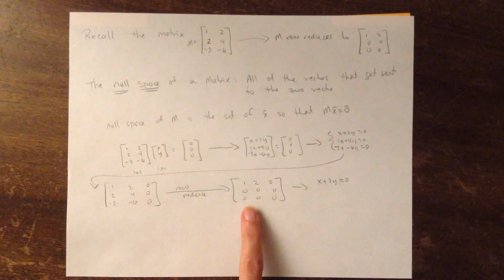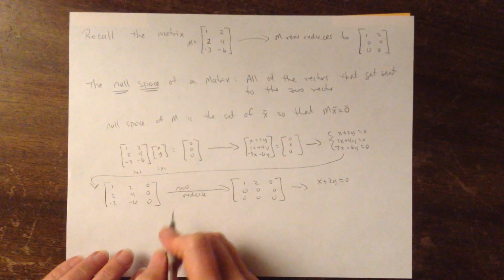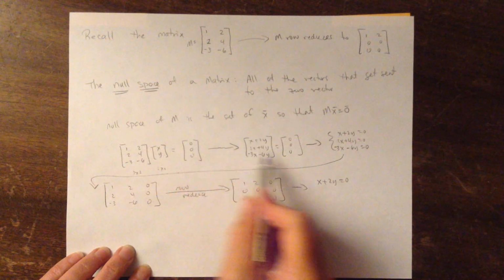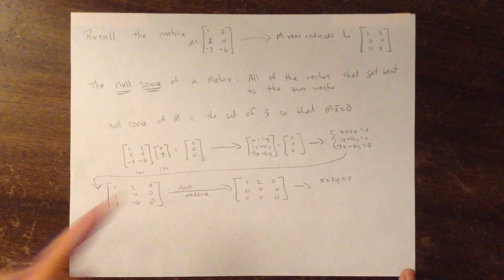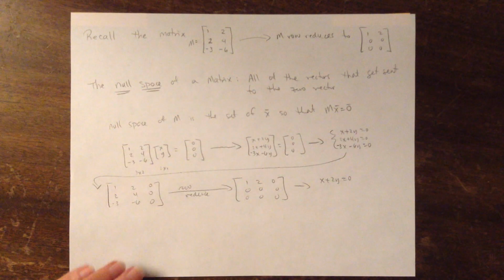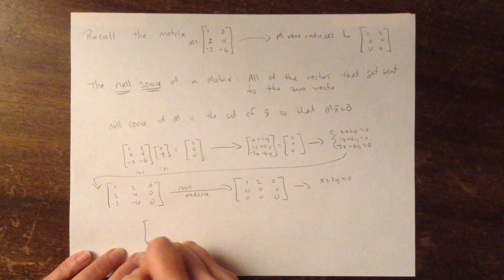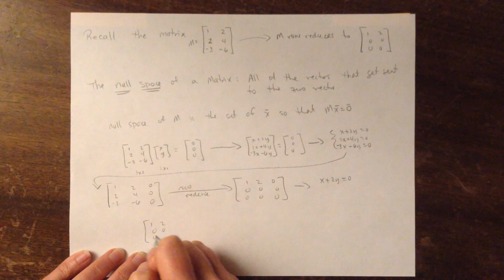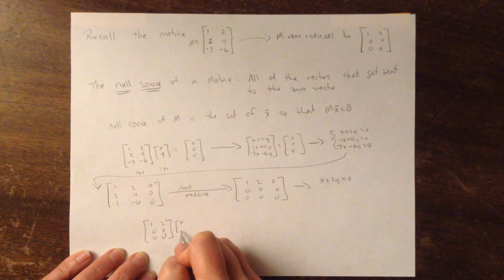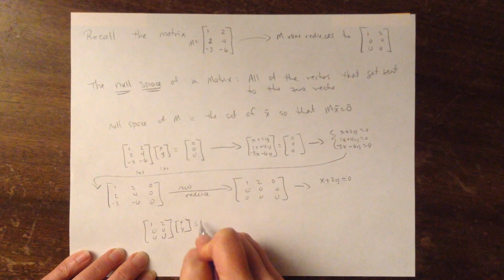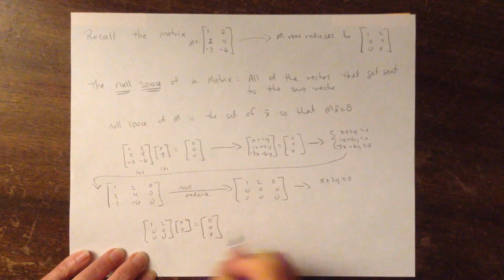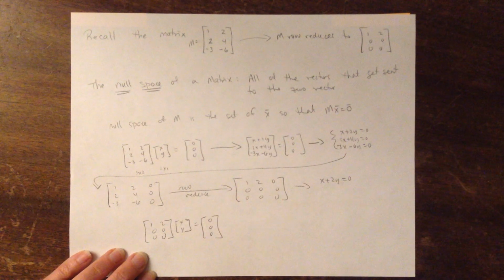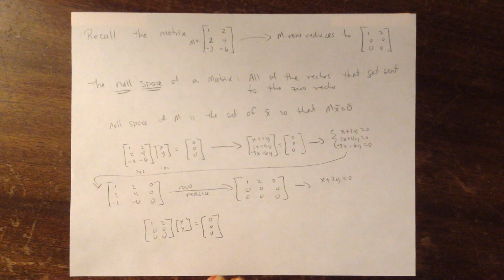So I could have gotten here just as easily by row reducing first. Instead of doing all this rigmarole with the unreduced matrix and then getting back into a matrix and row reducing, I could have reduced the matrix first, done the multiplication, and then I end up right here, essentially right away.